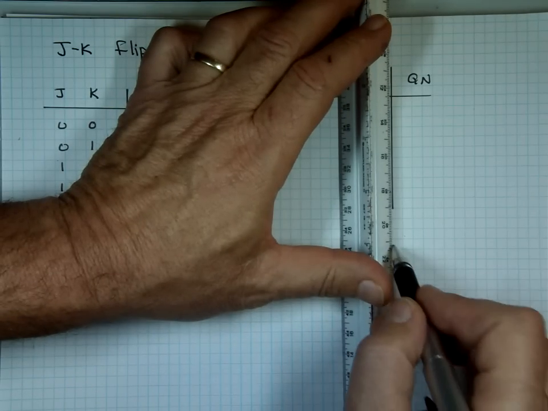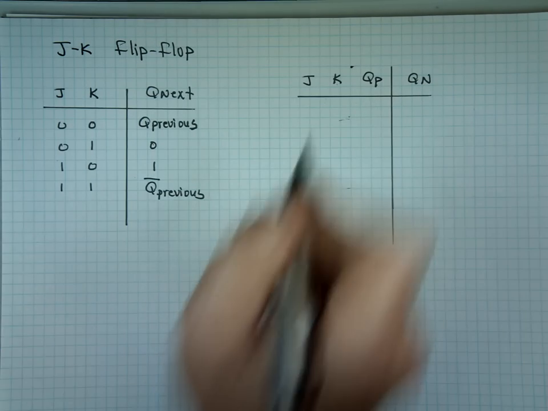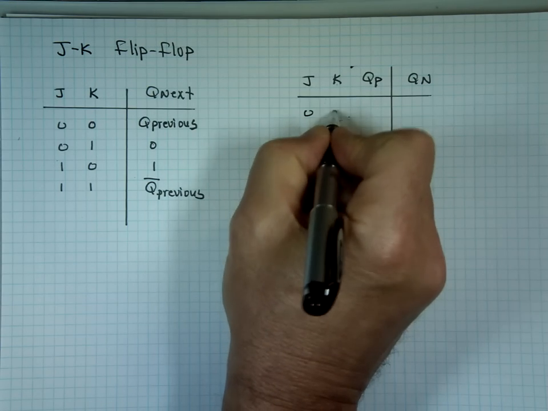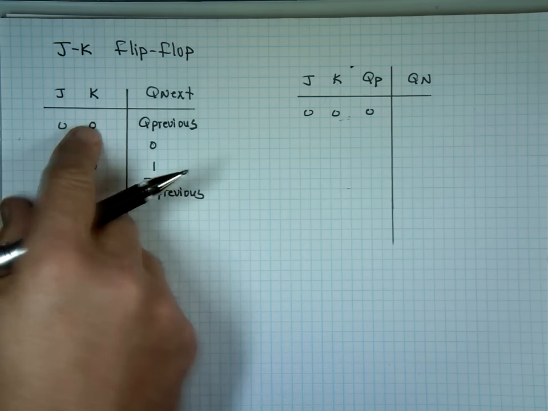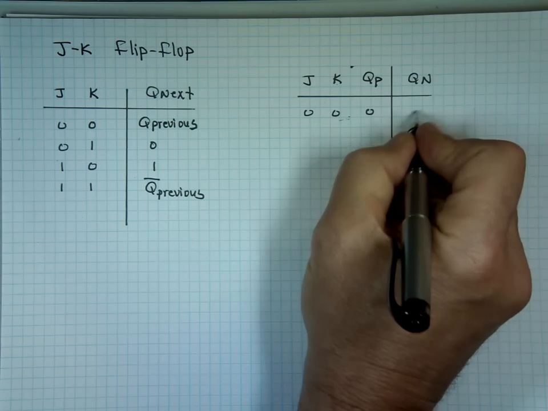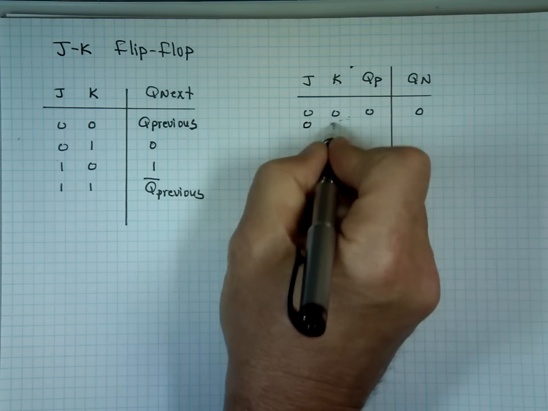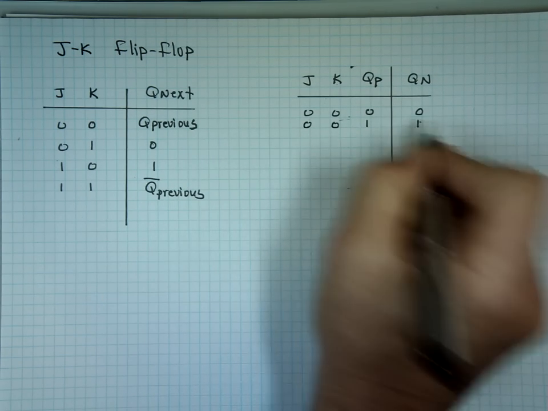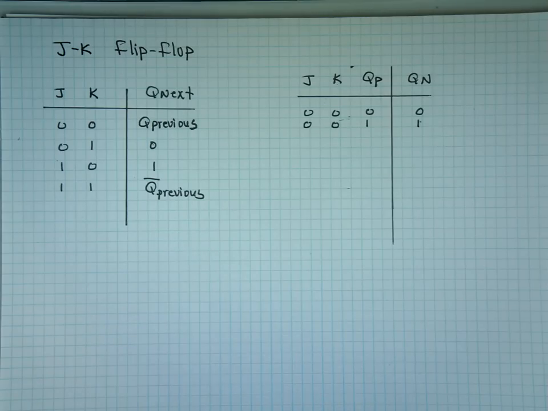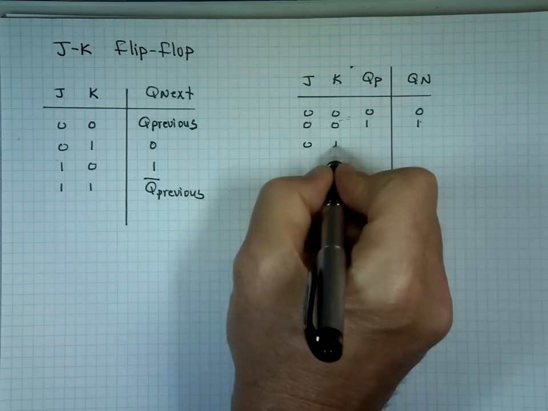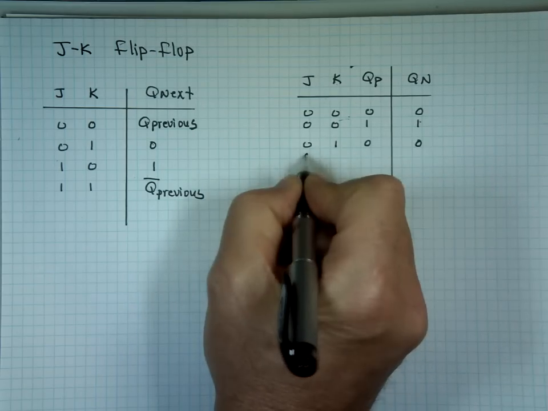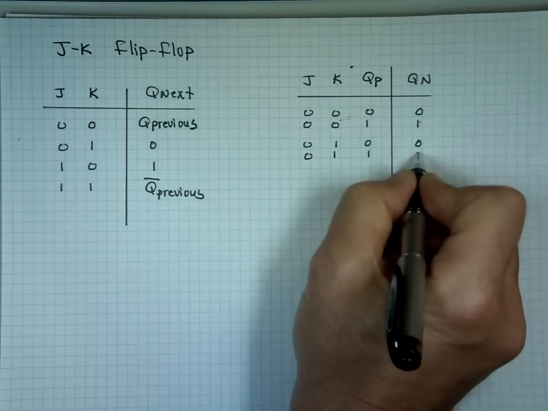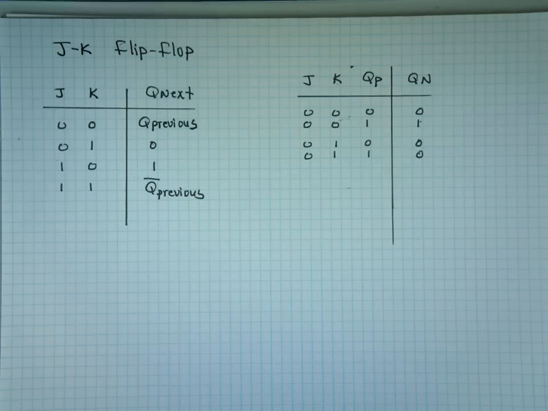If you have 0, 0, and Q previous is 0, notice when both of these have 0, everything stays the same. The next state stays the same. When you have 0, 1, doesn't matter what the previous one is, it goes to 0, because that's the reset. JK, just like SR, when you have the 1, 0, that's the set.